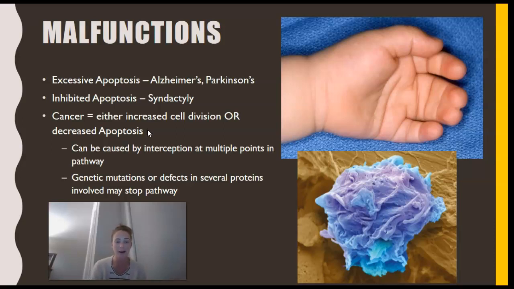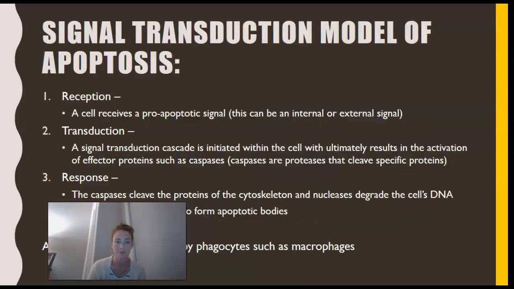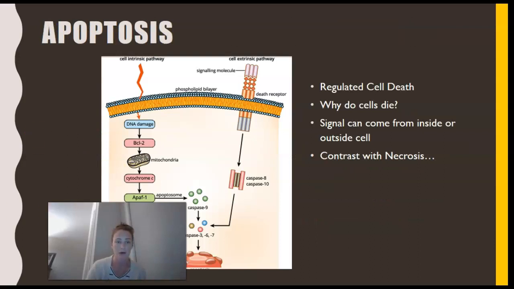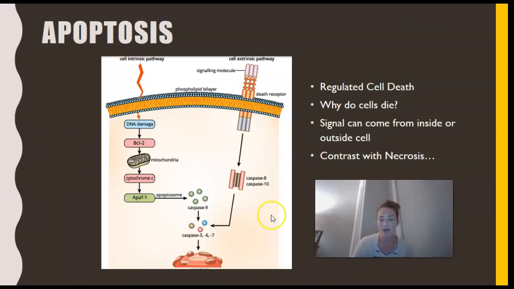So if we're asked to identify a point in the apoptotic pathway where this may have failed, take your pick. Go back to our little diagram here. If we're talking about a cell that's undergone DNA damage, we're going to be looking at the cell intrinsic pathway, and any number of failures could have occurred.